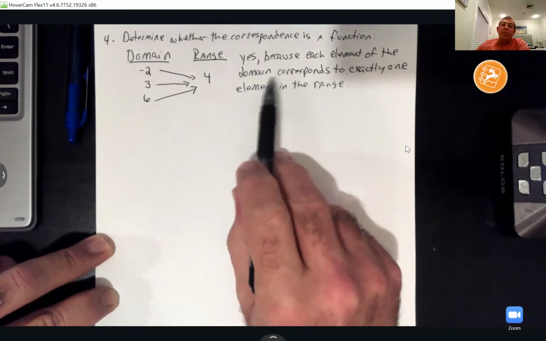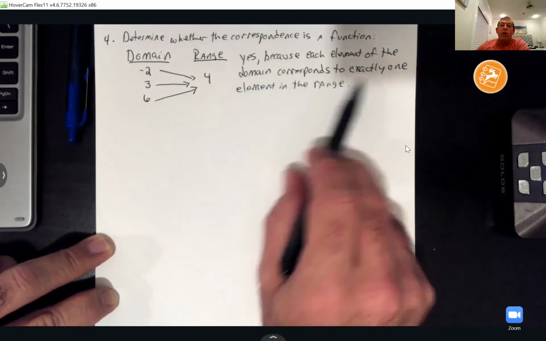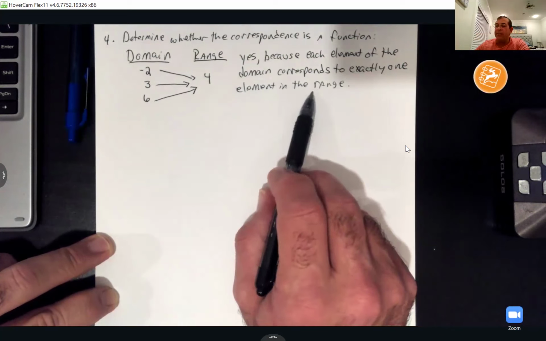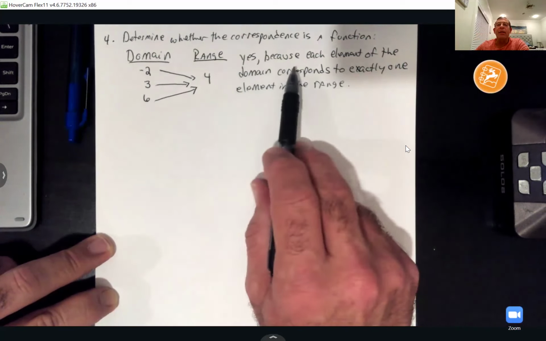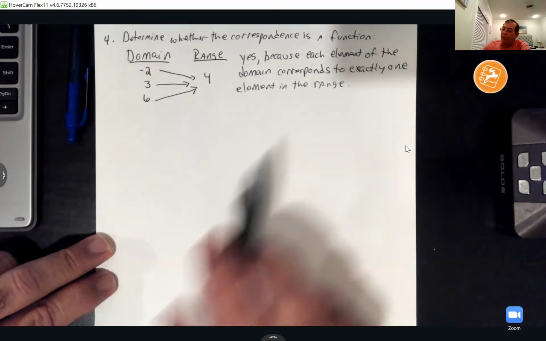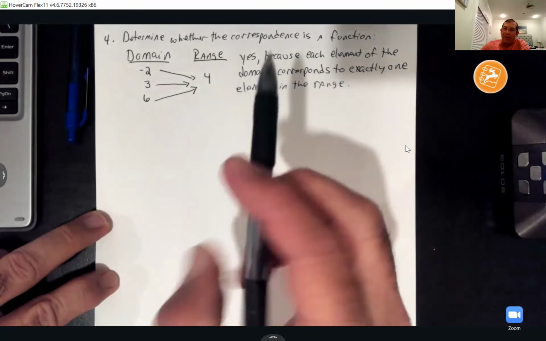Okay, so remember, it depends on the domain having one element in the range. Now, they'll put one of these that says because the range has one element in the domain, they'll have one sort of backwards. So remember, focus on the domain on these, okay?